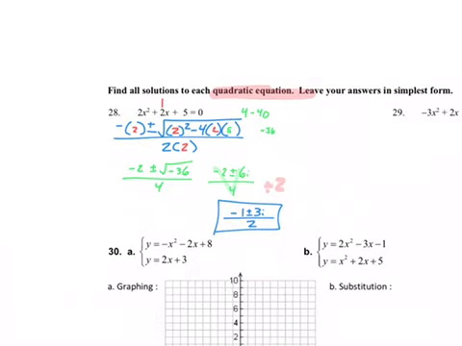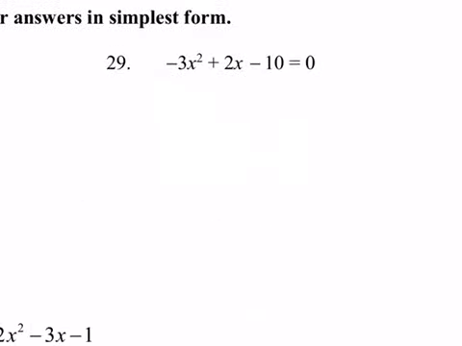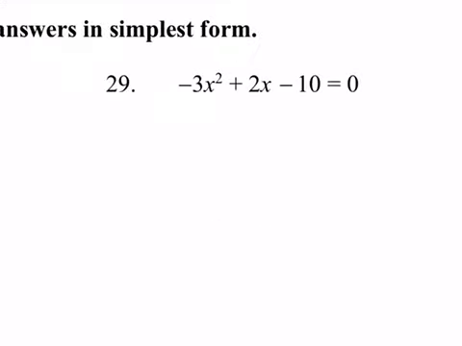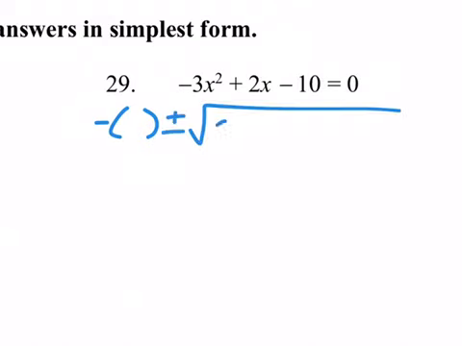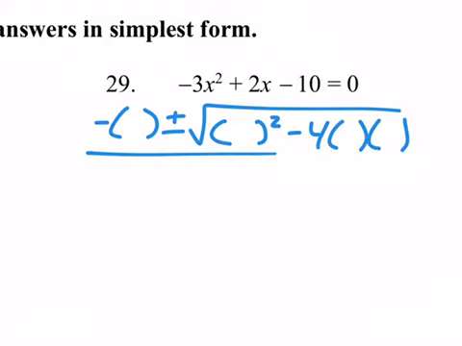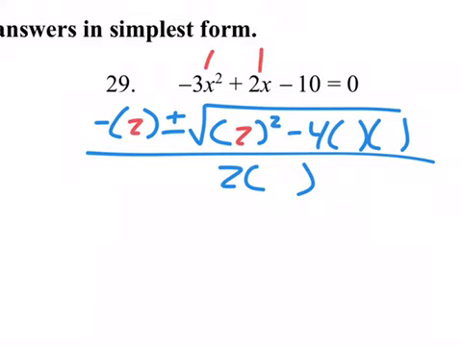All right, let's take a look at our second one here. Similar scenario, got some negatives in this one though, but we have -b plus or minus square root b squared minus 4ac all over 2a here. All right, our b is a 2, a is a -3, and then our c is a -10.